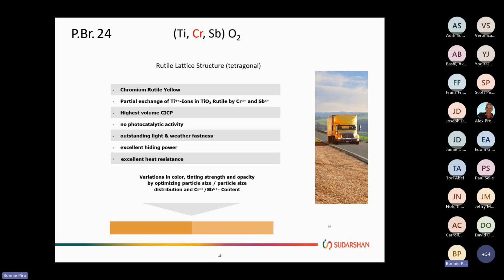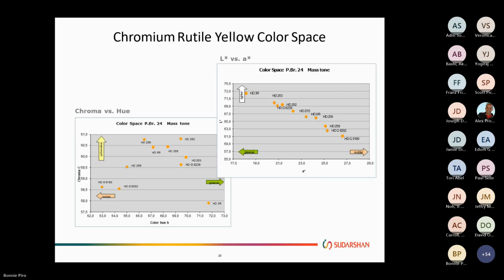It has all the same properties as a CICP would, so that the areas can be covered with respect to all your needs. And again, same idea here, varying the strength and opacity by the particle size and distribution, varying the hue by the change in that ratio of metal content.